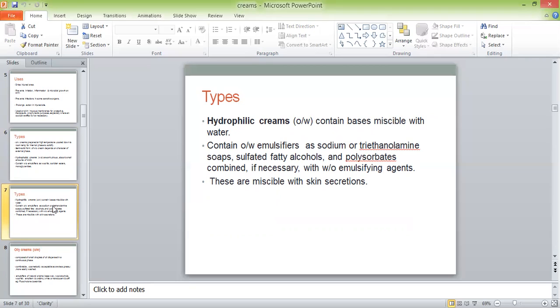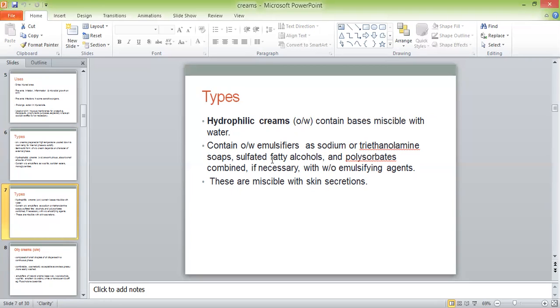And triethanolamine is used to alkalize the long chain fatty acids, for example lauric, ricinoleic, oleic, and stearic acid, and it will form triethanolamine soap, which is soluble in water. Then we have other uses of this triethanolamine.